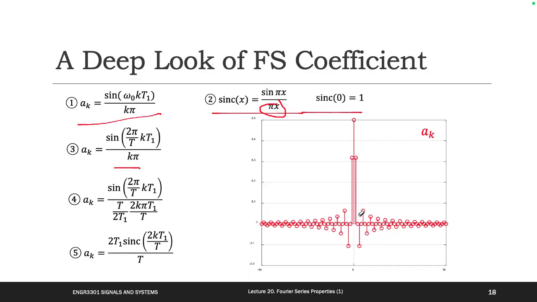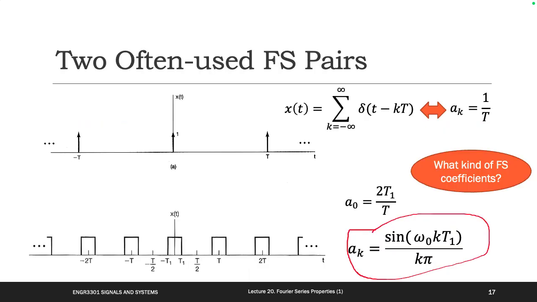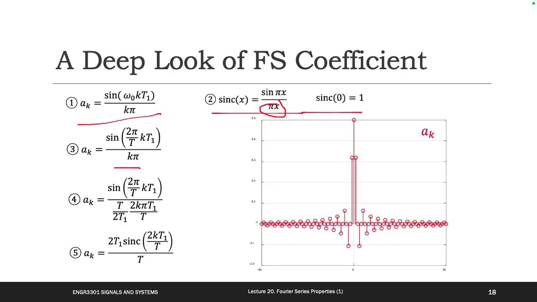Which means when k equals 0, it has the biggest component, and as k increases or decreases, it will affect the signal less and less.